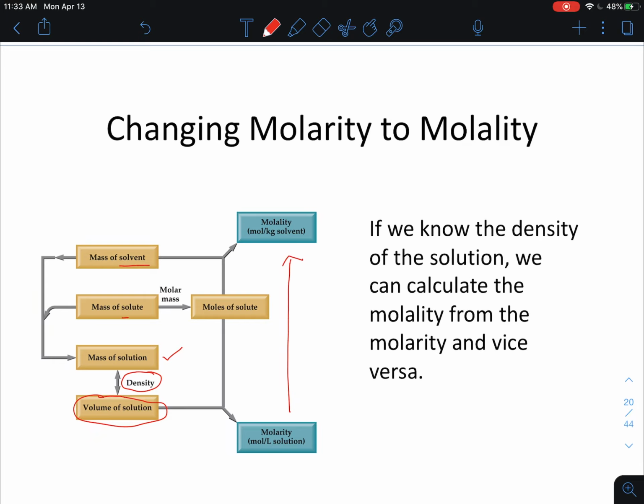In order to get the solvent and solute masses, that's what we'll get from the molarity, right? The molarity will tell me the moles of solute, which I can then change into the grams of solute, and then I know the mass of the solvent will just be whatever's left over. And that's how I'll get from molarity to molality.